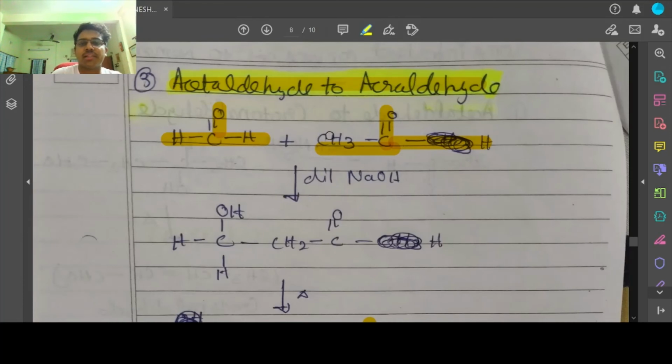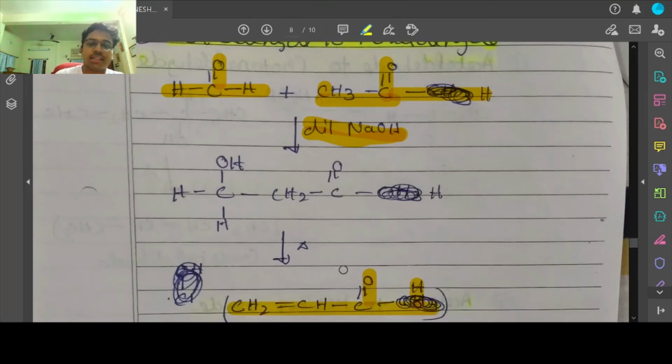This carbon is an alpha carbon, and these hydrogens are alpha hydrogens. As in the presence of dilute NaOH, the same mechanism of aldol condensation persists. One H goes to the oxygen, it forms OH, and a single bond is formed between the two central carbons. So this is formaldehyde, this is acetaldehyde, and this is the aldol product.